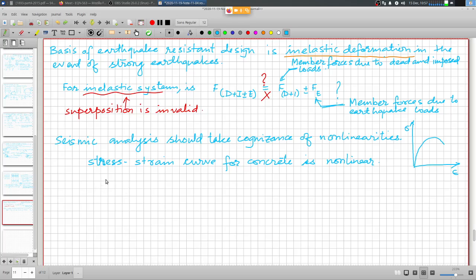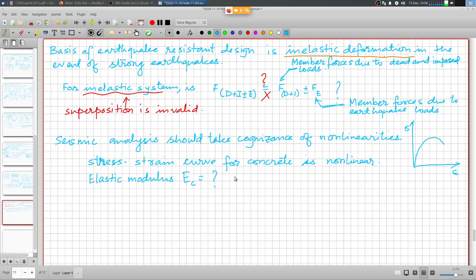One implication is, of course, what is the elastic modulus? By definition, it should be the tangent to this curve. Now, obviously, this tangent is changing at every point at different strain levels.